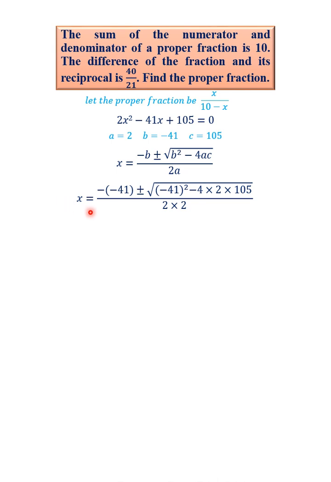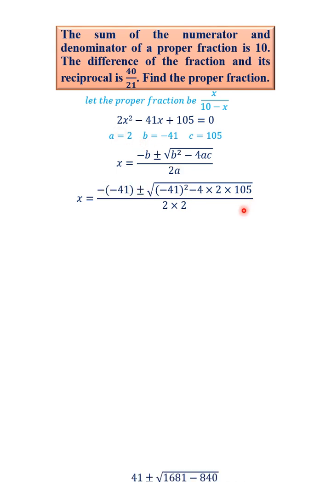So x will be equals to negative b. B is negative 41. So we have minus negative 41 plus or minus the square root of b squared, negative 41 squared, minus 4 times a, which is 2, times c, which is 105, everything divided by 2 times 2 because 2a is 2 times 2, since a is 2.